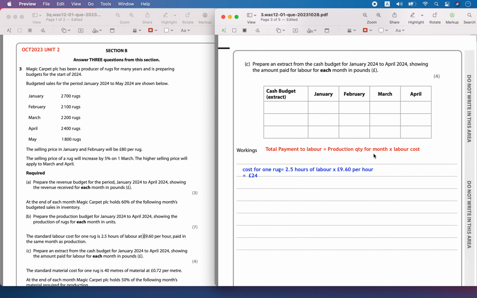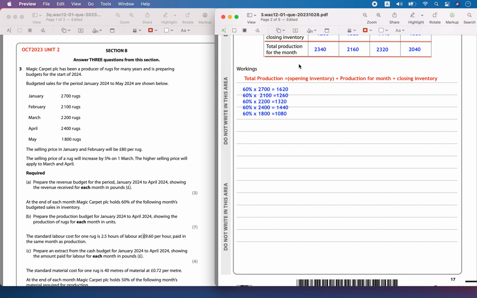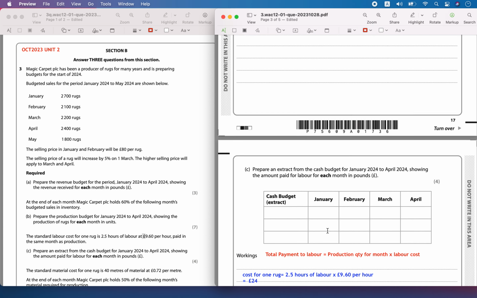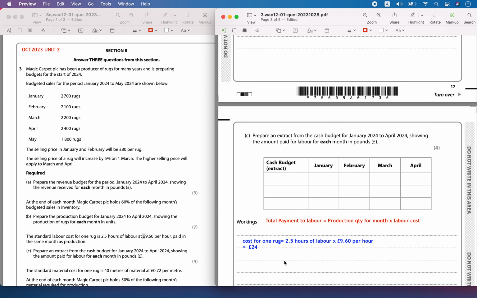Now, whatever quantity they are going to produce in that month, we had calculated here. This is the quantity they need to produce for the month, and the cost you are going to pay them gives you the labor cost.